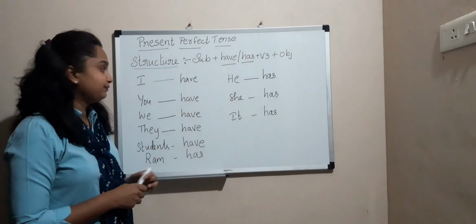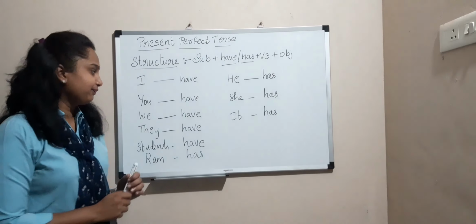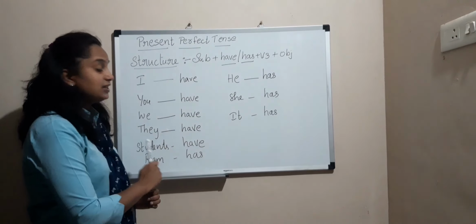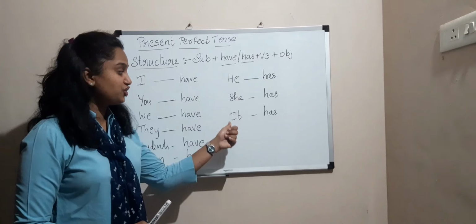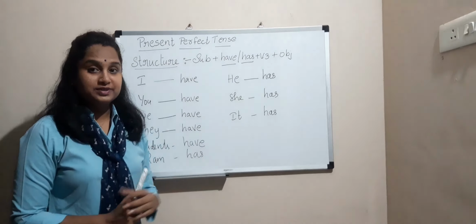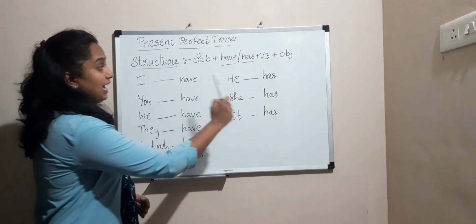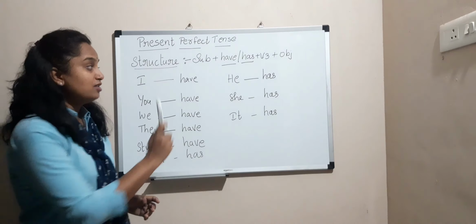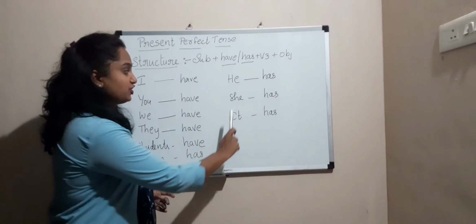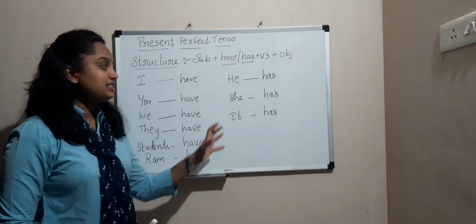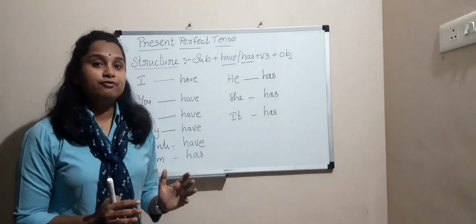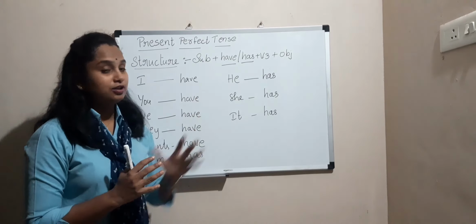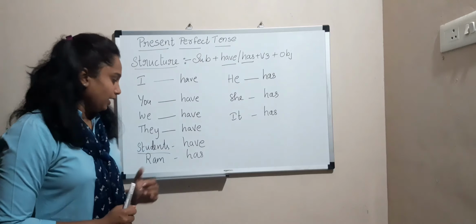I have, you have, we have, they have. For pronouns he, she, it, we use helping verb has. He has, she has, it has. Following with verb form 3 and object.